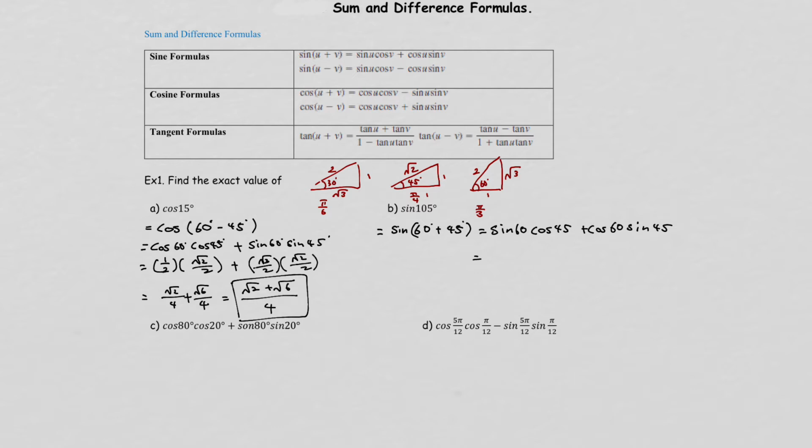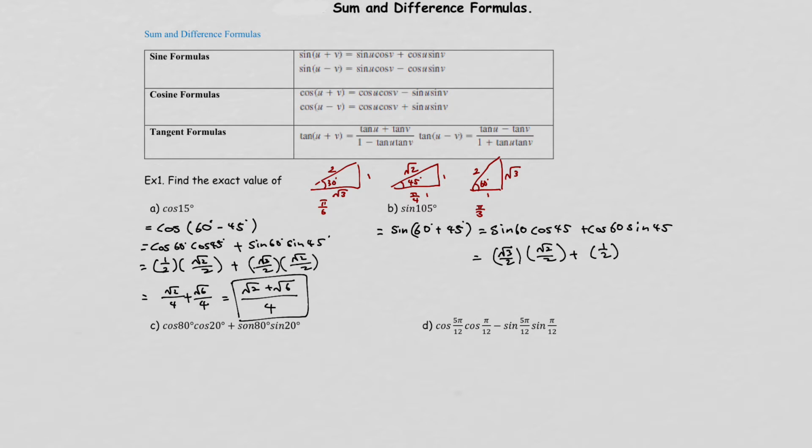And when you find those values from those special triangles, you get sine 60 is square root of 3 over 2, cosine 45 is 1 over square root of 2, which rationalizes to square root of 2 over 2. Cosine 60 is 1/2.